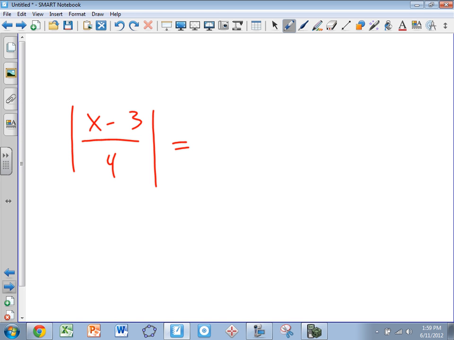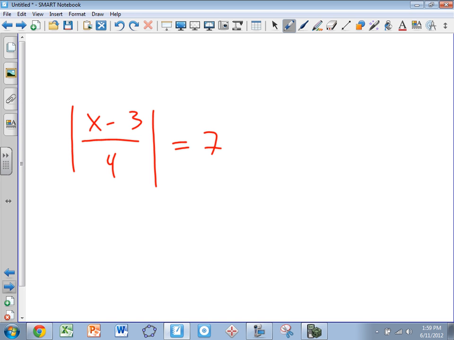How do I solve a problem like this? How do I solve for x in this kind of problem? Don't you like split it? You're right. Why? Good. The inside can be negative or positive. No matter what, you're going to get a positive on the outside, right? So, this quantity you see inside the bars, this could be positive or it could be negative technically.